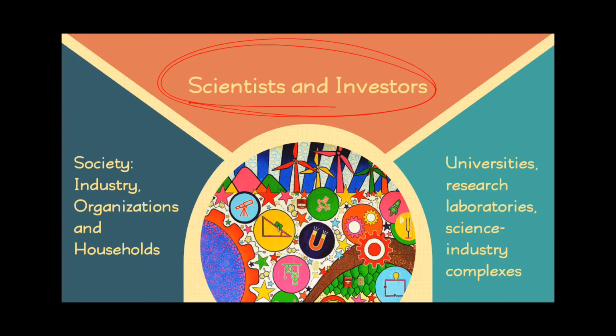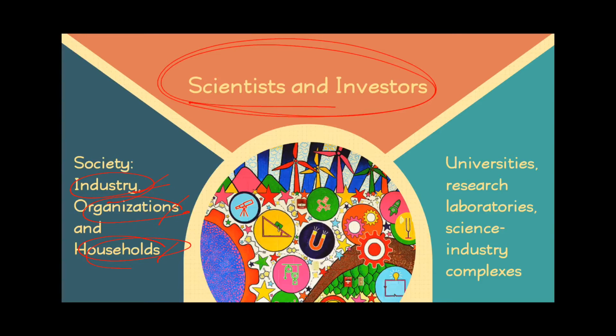Next, we have the industry, the organization, and the households who make use of the scientific advances for personal use, for households, and probably for production of other materials and goods for industries and organizations. Another institution that informs the direction of science and technology in society in terms of how it is produced, consumed, and reproduced is the academia.